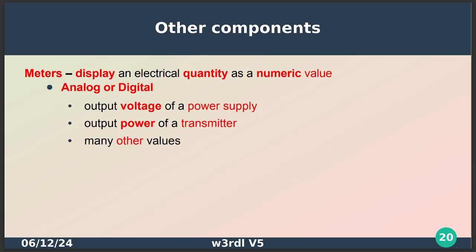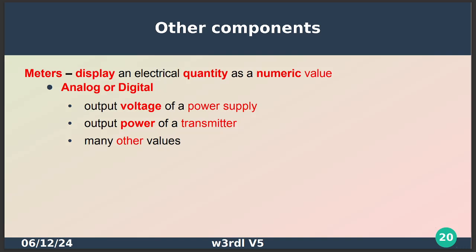Other components: meters display an electrical quantity as a numeric value. So like the circuit we just looked at, you knew that it was on just because your yellow light came on, your LED came on. But in this case, we don't just want to know that it's on, we want to know what the voltage actually is. So you use a meter.